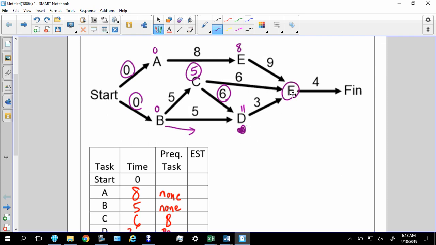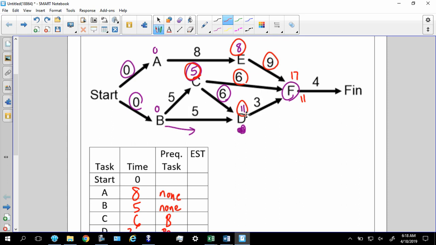Same thing for F. Look at F here. It's got three things: E, C, and D. If E started at 8 minutes and it took 9 minutes, that would be 17. If C starts at 5 minutes, it takes 6 minutes, that's 11.